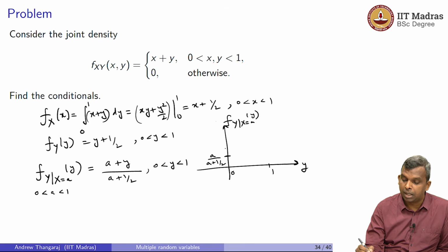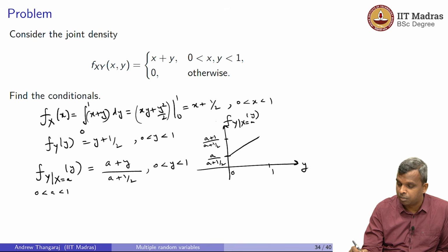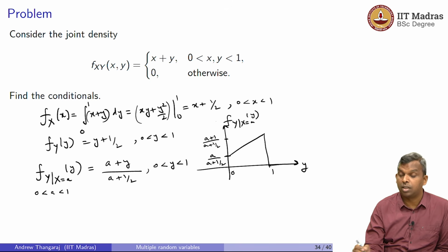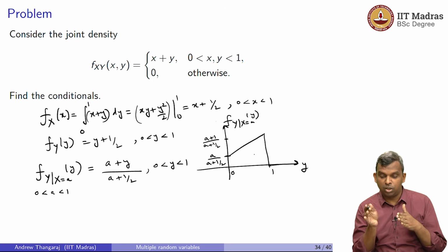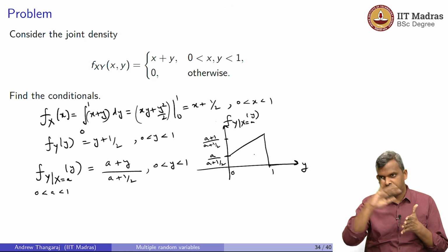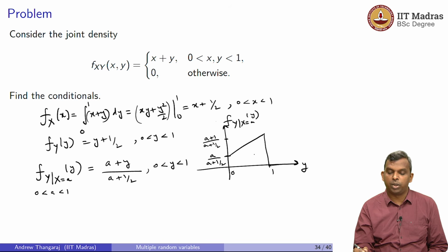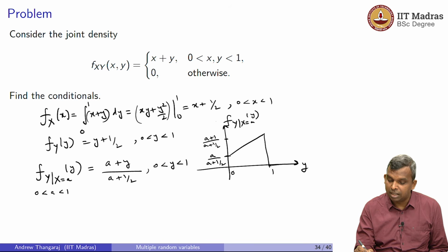At 1, it is going to become a plus 1 by a plus half. Okay. So, it is some function like this, this is how it looks. Okay. So, if you actually look at the slice of this x plus y, this is how the conditional is going to look.